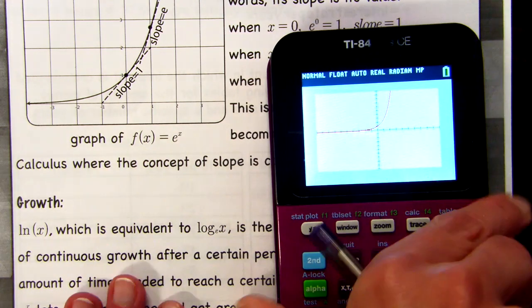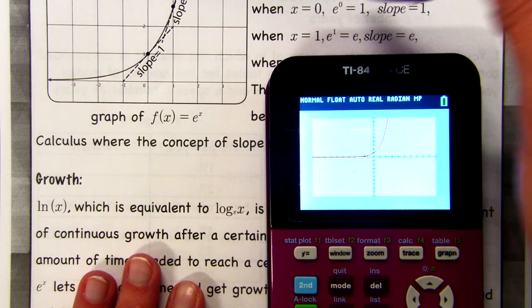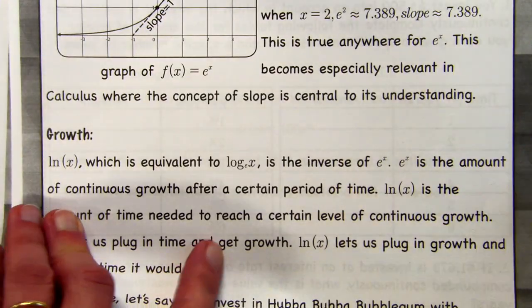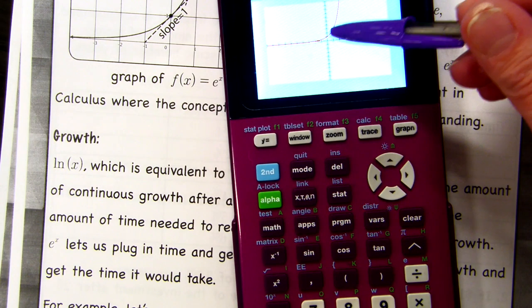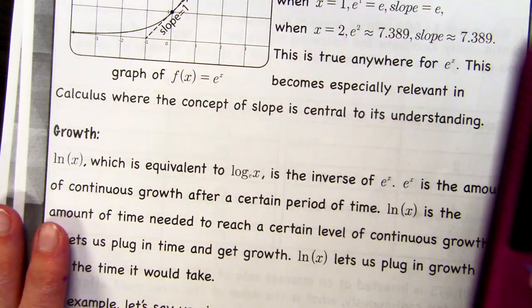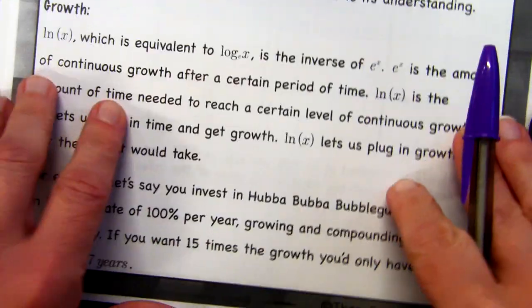In other words, its slope is its value. Anyway, that's probably going a little over our heads, but basically if I go to 1 right there, it has a slope of 1 for that instant. And then it'll have a slope of e, and a slope of e squared, and a slope of whatever, because that's how we put it in. And so calculus is based on that, and some other stuff.